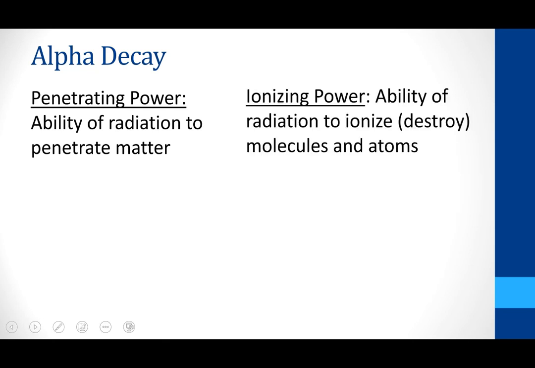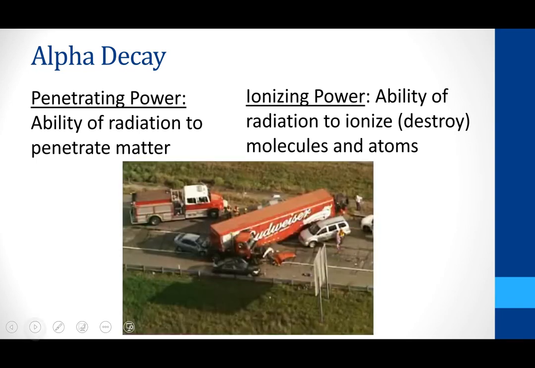The other thing we're going to talk about is ionizing power. Ionizing power is the ability of that radiation to destroy molecules and atoms. So when these alpha particles come into contact with biological cells, what ability do they have to destroy those cells? With alpha particles being very big particles, their ionizing power is really high.